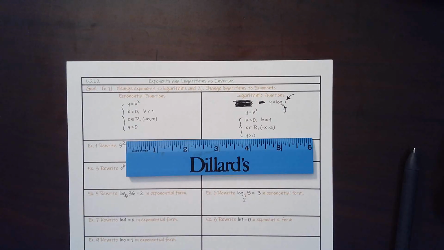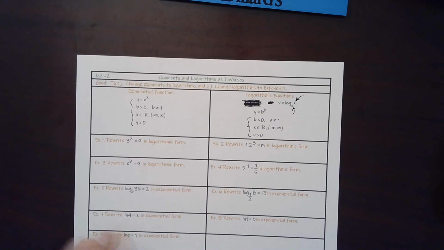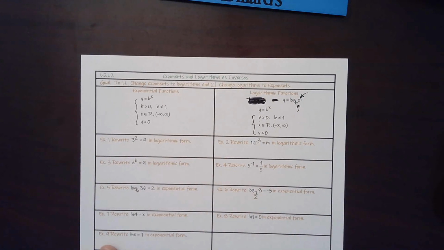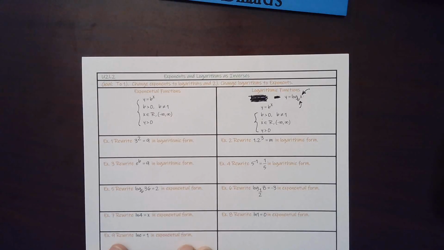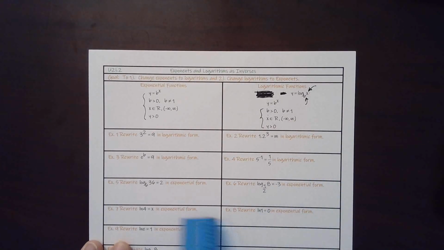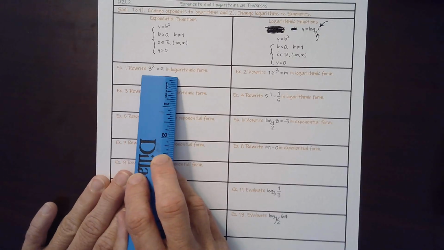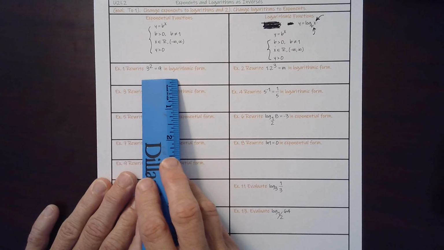Because these are inverses, that means that we can take any exponential expression and write it in logarithmic form, and we can do the same thing with logarithmic functions. So we'll start with rewriting 3 squared equals 9 in logarithmic form.